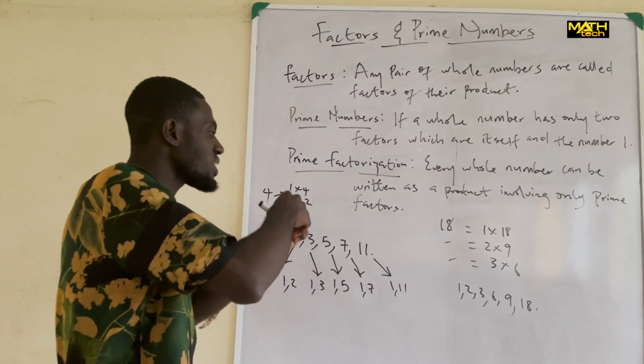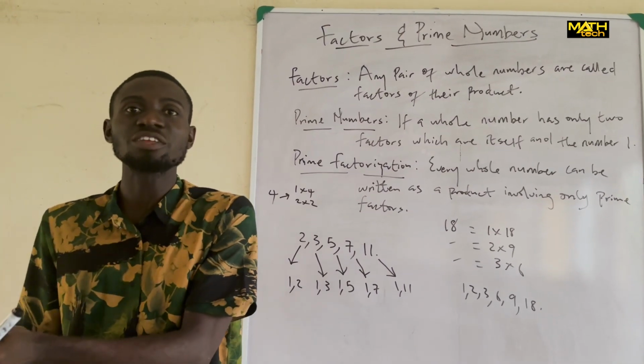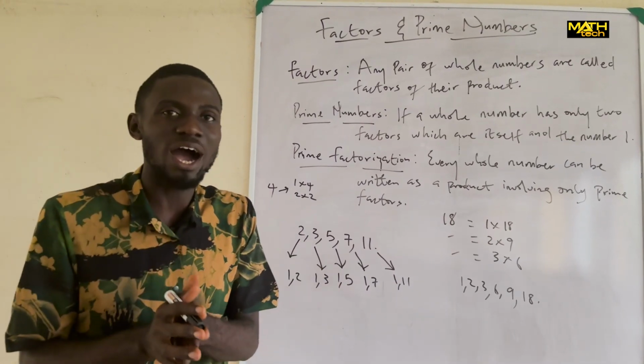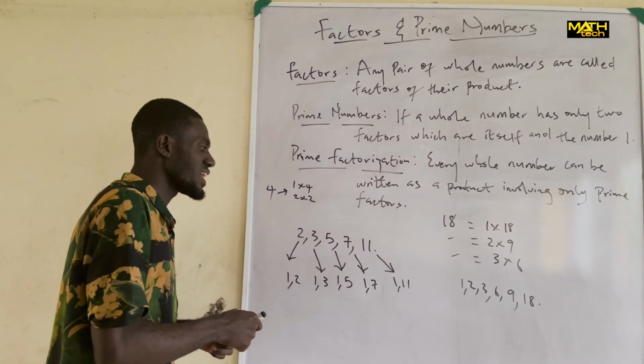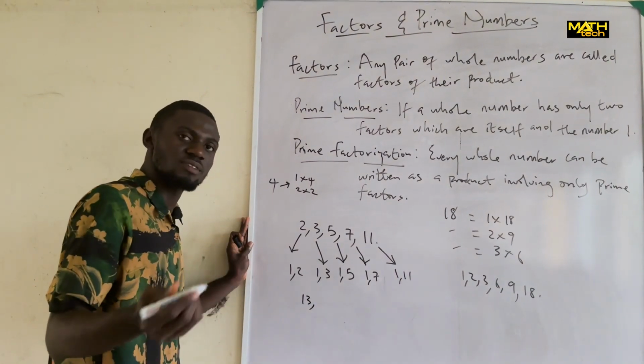So now we can list other prime numbers. You can also use your conceptual definition, which is a number that can divide itself and what? 1. So you can list them. Part of those numbers are 13.